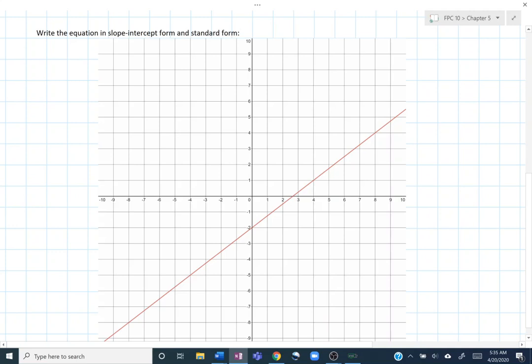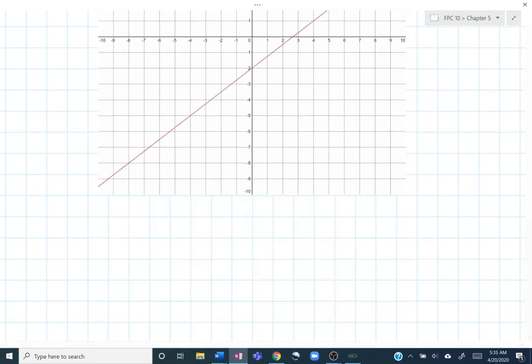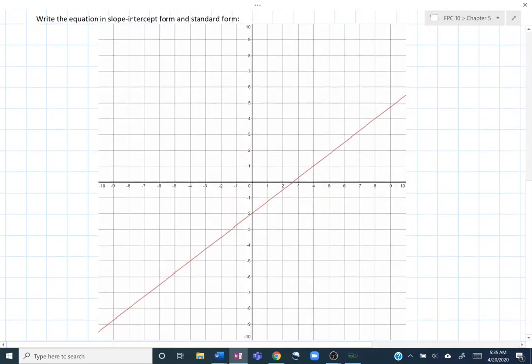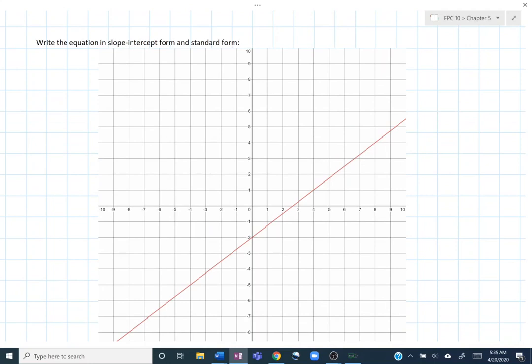Write the equation in slope-intercept form and standard form, and then we've got a little graph here, and I think this might actually be the last example of 5.1. What I want to remind you is that the easiest way to think about graphs is with slope-intercept form.